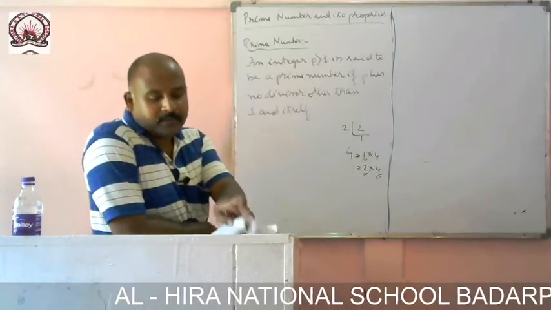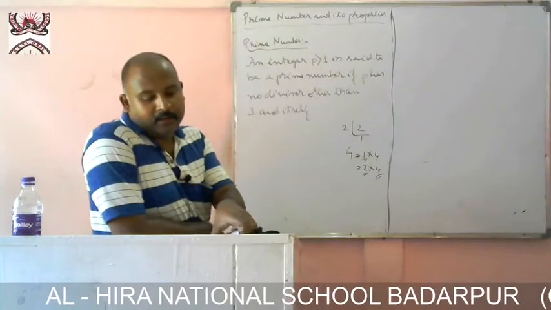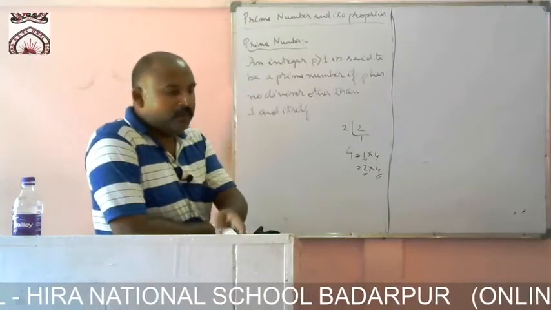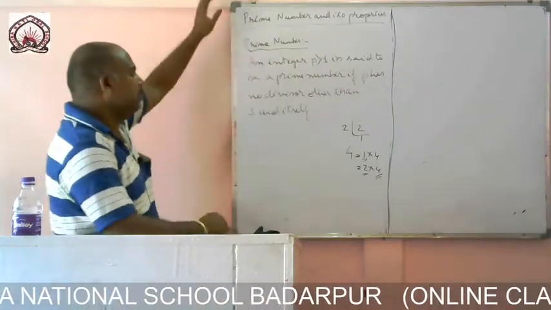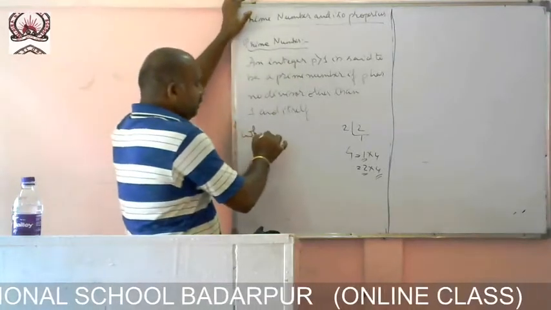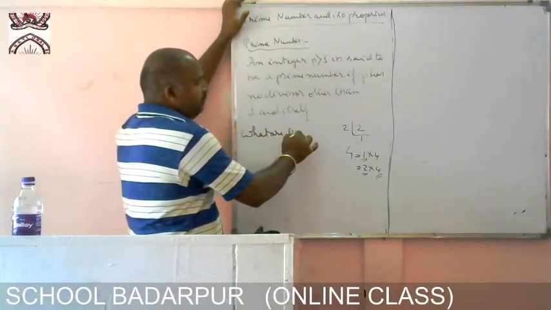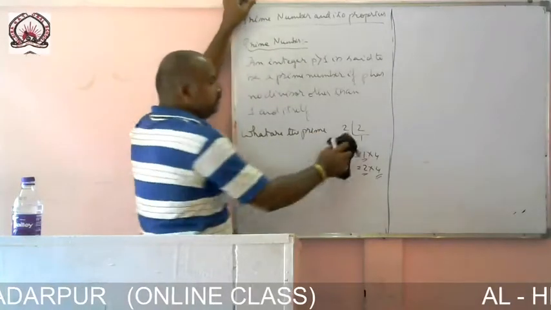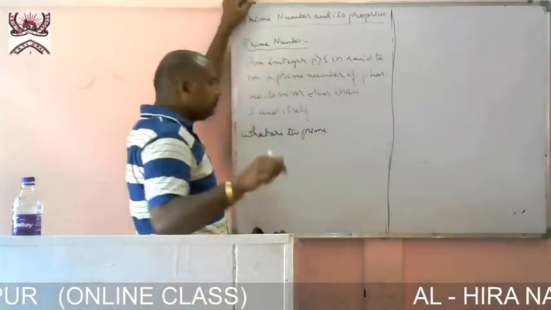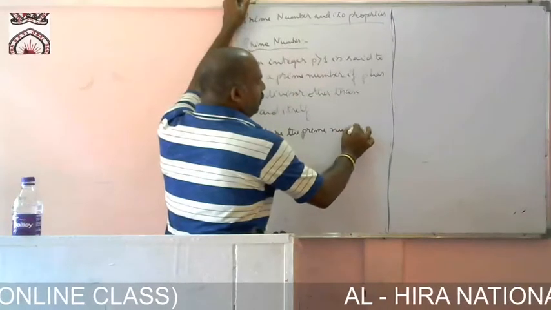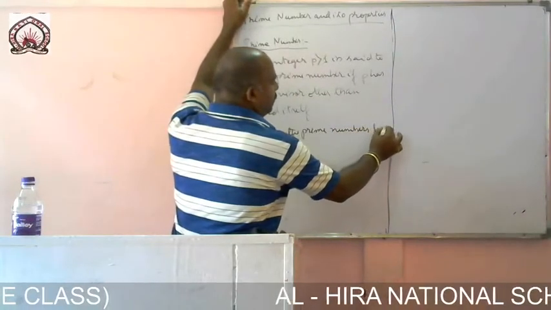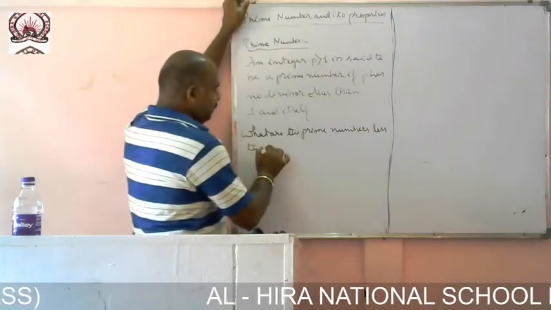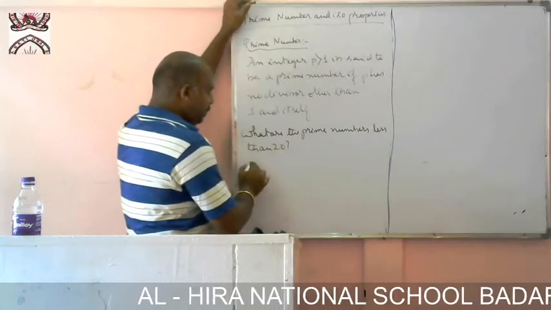Okay. Now what are the prime numbers less than 20?